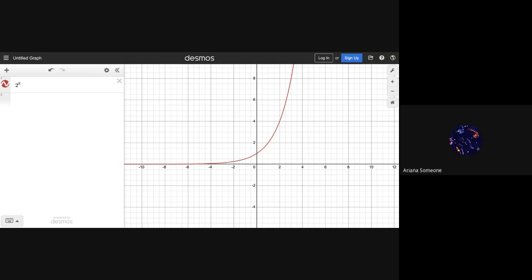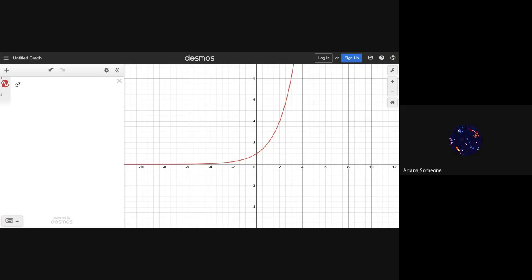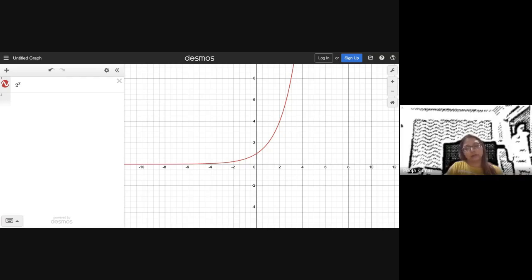To eliminate the negative sign of the power, you make it 1 upon, let's say, 6 raised to the power of 3, if it was minus 3. Then 6 times 6 is 36, and 36 times 6 is 216.